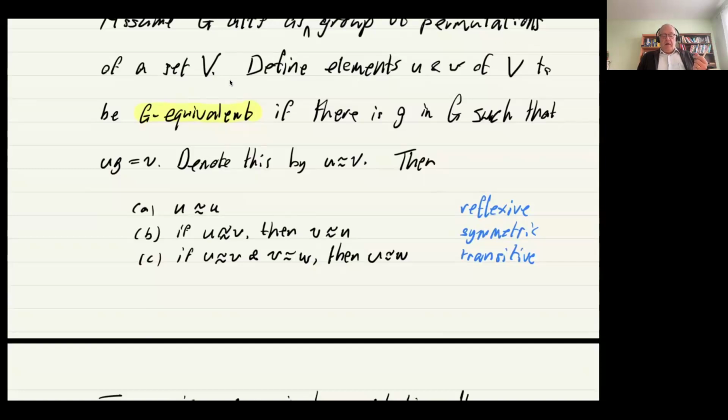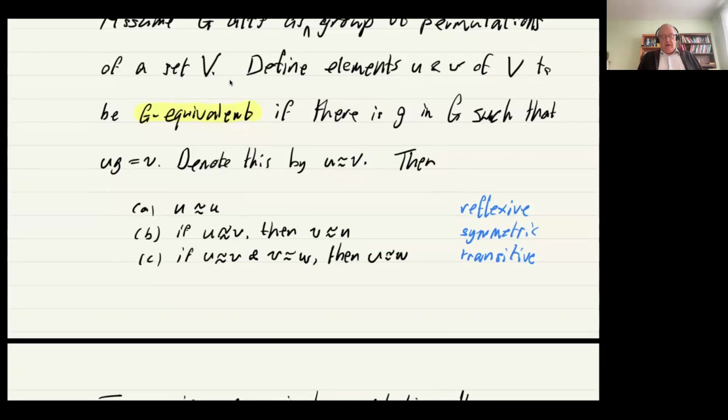Now the point is, we're going to note this in the obvious way, using the equivalence symbol. Each vertex is equivalent to itself because the identity maps an element to itself. If U is equivalent to V, then V is equivalent to U, because if g maps U to V, then g inverse maps V to U. So we're using the existence of inverses.